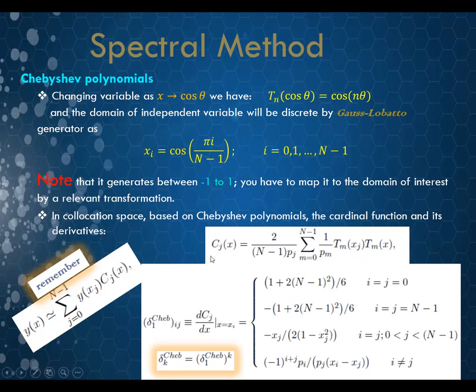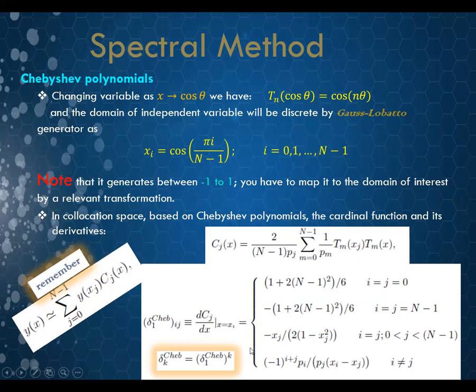And the cardinal function is this, and its first derivative, which we show with this symbol, is an n cross n square matrix, and its elements are shown here.